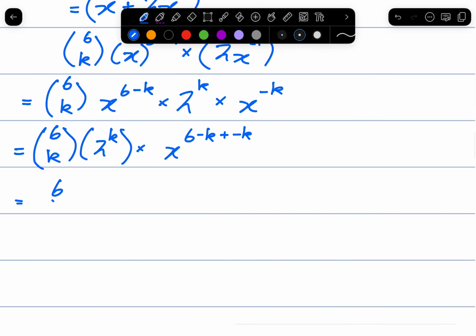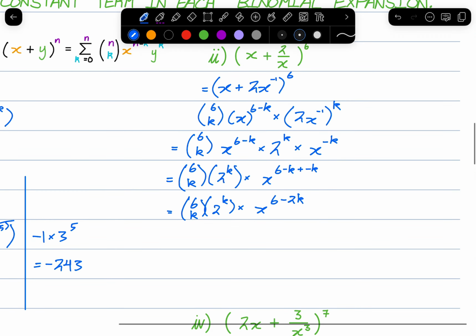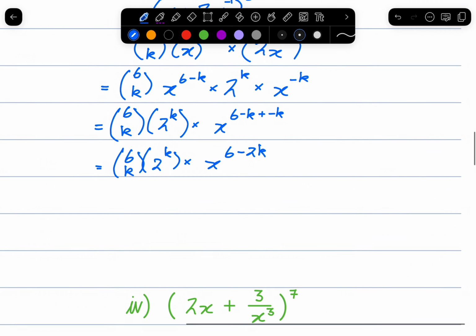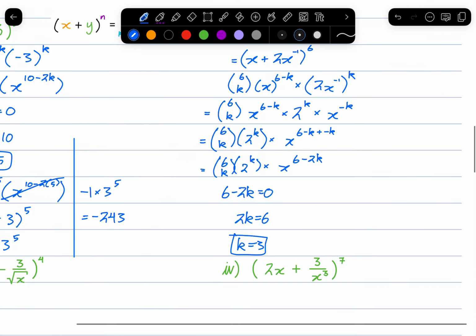This gives me 6 choose k, 2 to the power of k, times x to the power of 6 minus 2k. Now that we're at this stage, if we want the constant term, we need to let this power equal 0. So 6 minus 2k equals 0, 2k equals 6, k equals 3.